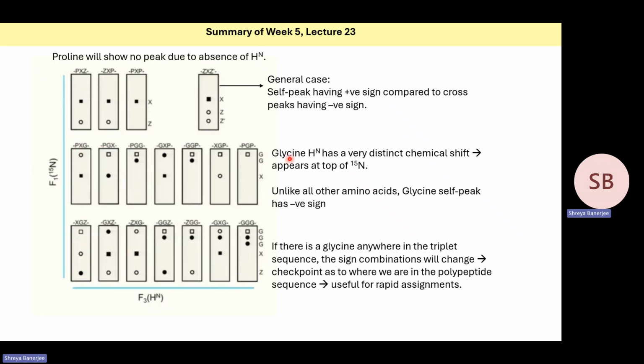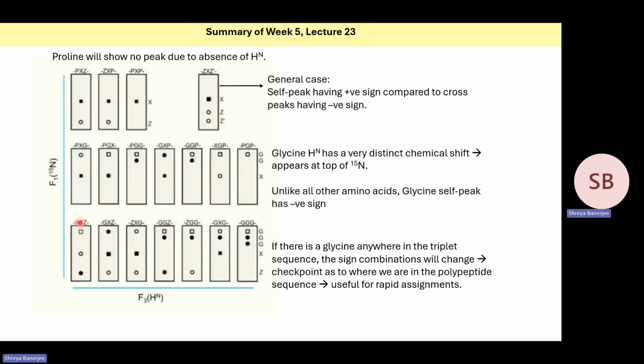Now, if one of the residues is glycine, then the sign pattern changes. Let us consider the self peak to have positive sign. Then the sequential peaks will have negative sign. But whenever you have glycine, this sign pattern is changed. So imagine we have X, G, Z. In this case, what happens? You can see the self peak is shown by the square.